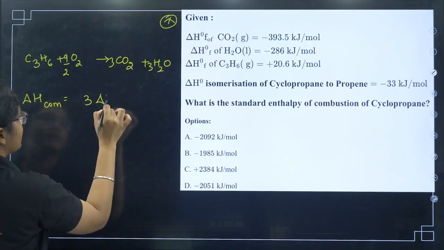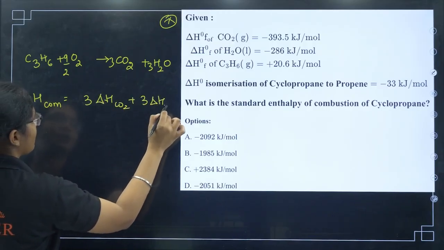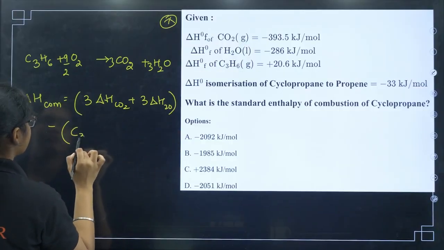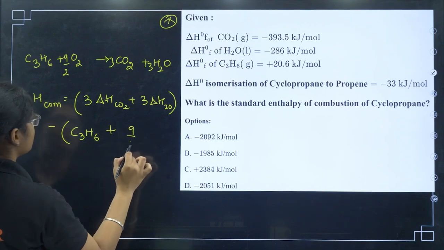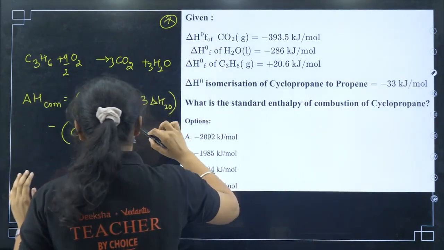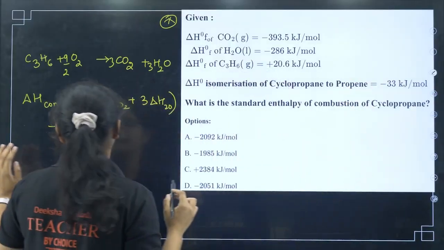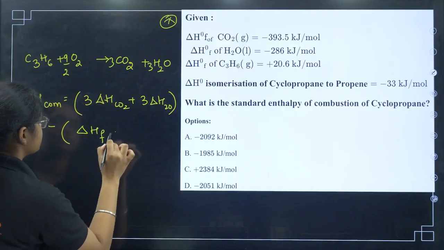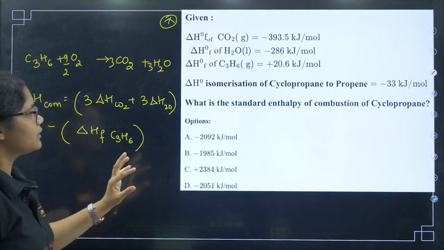So I have 3 times the enthalpy of CO2 plus 3 times the enthalpy of water, minus the enthalpy of formation of cyclopropane plus 9/2 times the enthalpy of formation of O2, which will be 0, so I can eliminate that. So I will have the enthalpy of formation of C3H6, or cyclopropane.